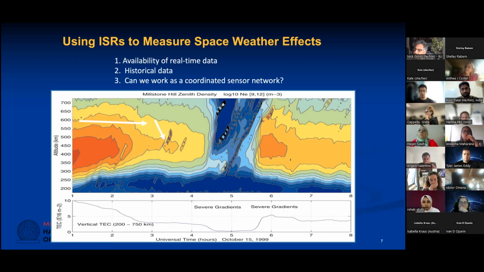Another question just came in: are there other types of radar other than incoherent scatter radar used for ionospheric studies? Yes. We're working with meteor radars right now. I would even say ionosondes are not really radars, but sort of they are.